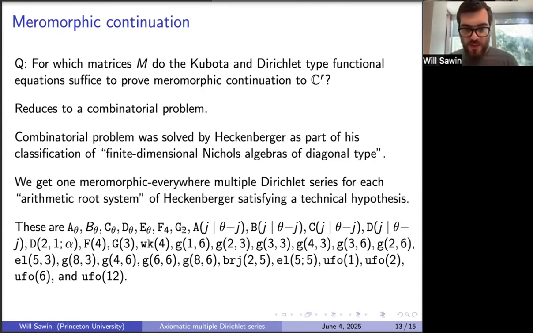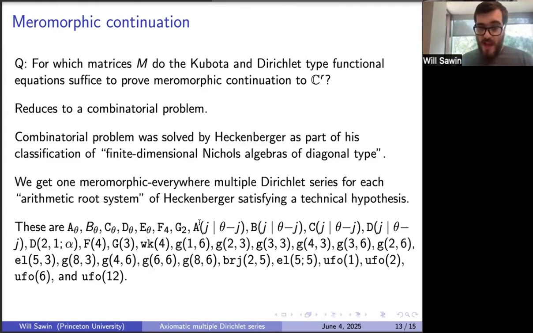The ones whose names might be familiar from studying Lie groups, the A, B, C, D, E, F, G at the beginning, are the ones that correspond to the Weyl group multiple Dirichlet series. Those are the ordinary Dynkin diagrams, and those have been well understood.